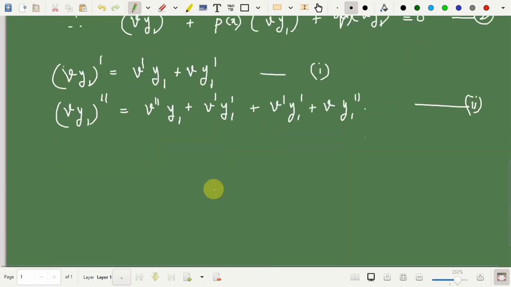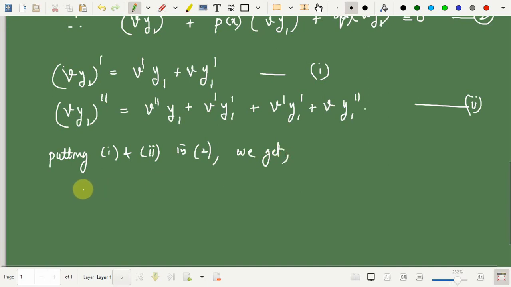Putting 1 and 2 into the second equation, we get, okay, what is that?